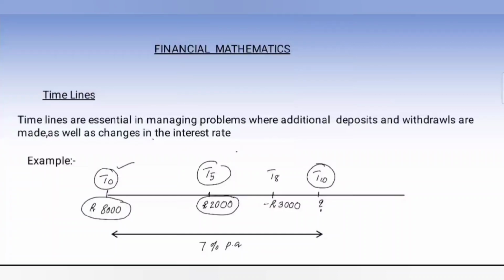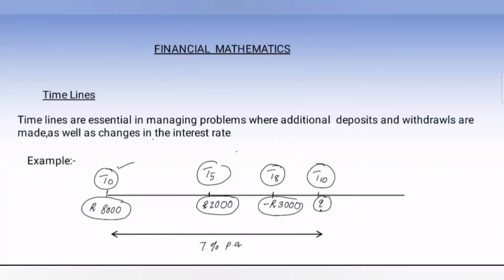After 8 years, that is T8, you withdraw 3,000. A negative sign means it's a withdrawal. And at the end, you have to calculate how much money will be in the account, that is the value of A.